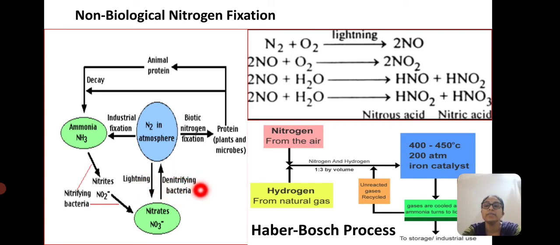And once again, nitrates are denitrified by denitrifying bacteria back to atmospheric inert nitrogen, and some amount will be leached out to the sea and ocean, which will again be given back by other sources. And we can see here biotic nitrogen fixation, wherein the fixed nitrogen enters the plants, and these plant proteins and animal proteins are utilized by human beings.